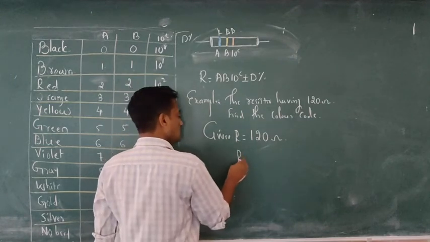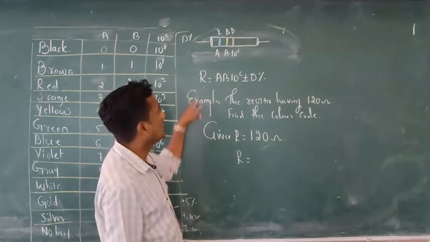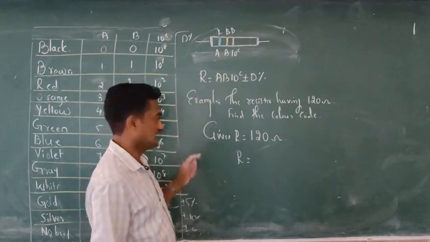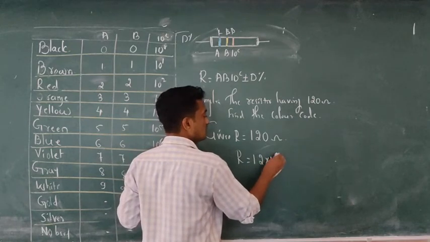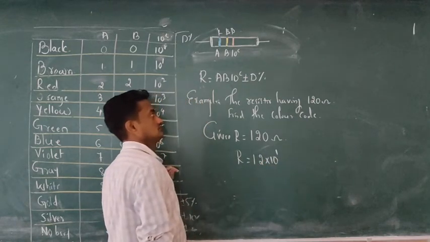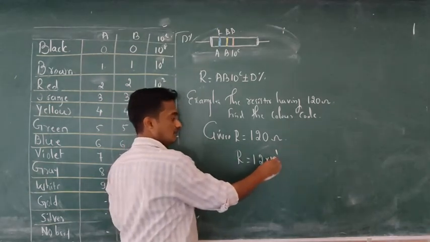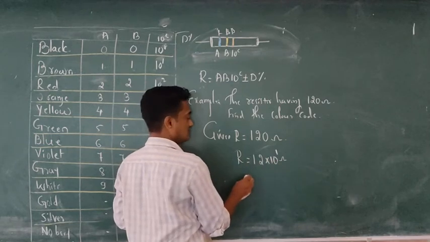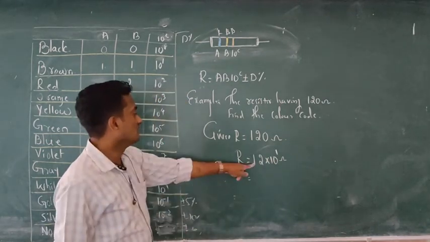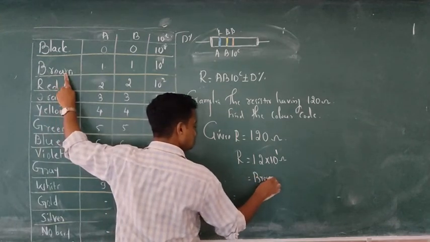So 120 can be written in the form of R equal to AB into 10 to the power C. Then how to write this one? 12 into 10 to the power 1, means 12 into 10. It is nothing but 120. Right? Then A, 1, it is brown.